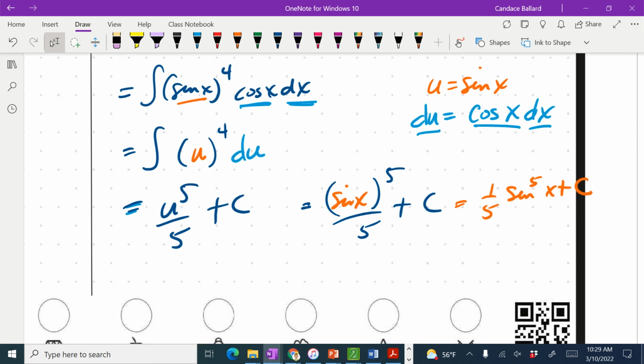Okay, let's keep going. Oh, too fast. The cosine x, did you just get rid of that? The cosine x, remember, is part of the derivative piece. Were you here for U sub? You've been here this week? Okay, so when we are doing U substitution, in order to substitute in, the rule is our derivative has to be part of it. So the derivative of whatever our u is has to be part of it.